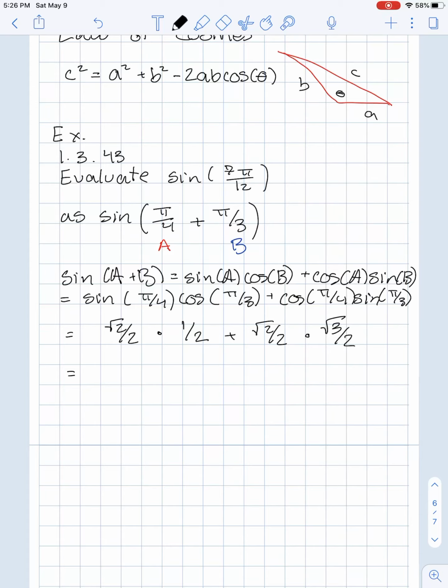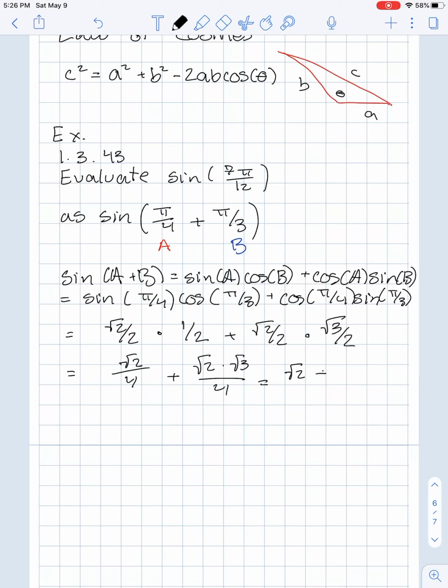When you multiply fractions, top times top, bottom times bottom. So 1 times square root of 2, that's just going to be square root of 2, divided by 2 times 2 is 4, plus square root of 2 times the square root of 3 over 4.